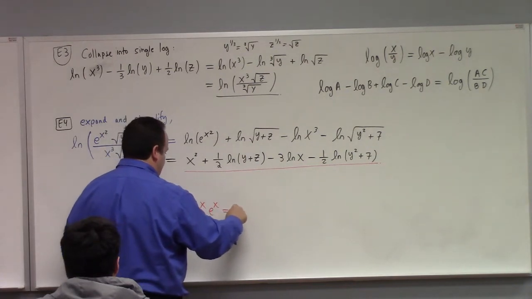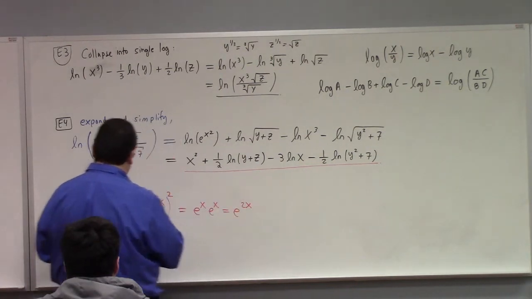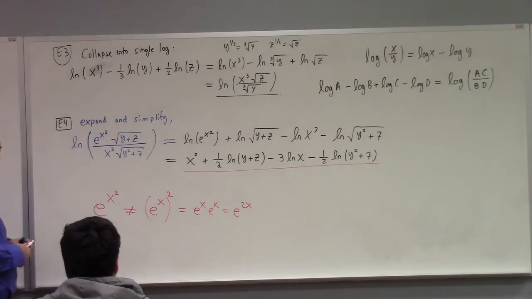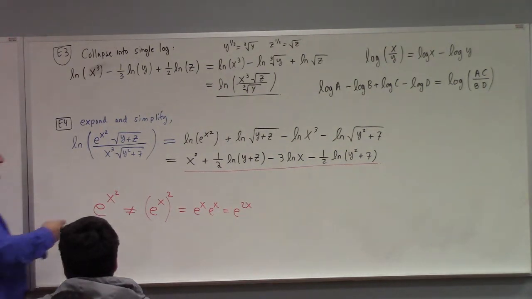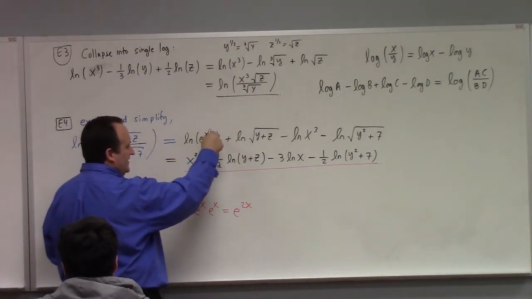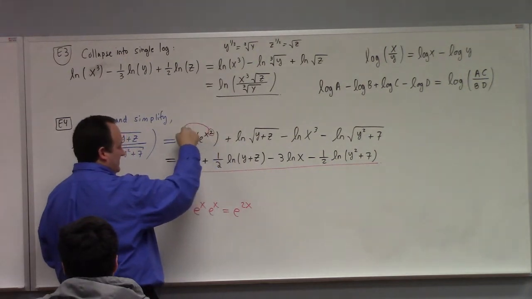Which is what? That's e to the 2x. E to the 2x is not equal to e to the x squared. I don't know if that's where you're going, but what I'm trying to say is you can't just pull this 2 out like that.